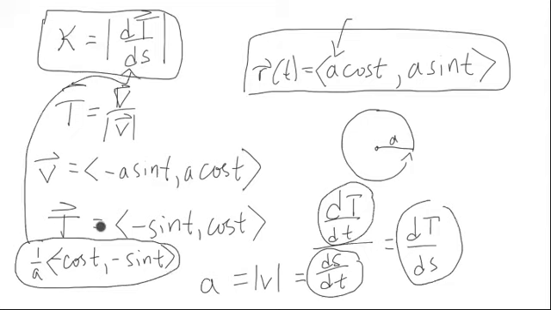So we just need to find the length of this. Now, if you notice, the length of this vector, the cosine squared plus sine squared, is 1. This part right here is just 1, but then you multiply it by 1 over a. So the overall length of this vector is 1 over a, meaning that the curvature is simply 1 over a, which is interesting. A is like the radius. This tells us something.